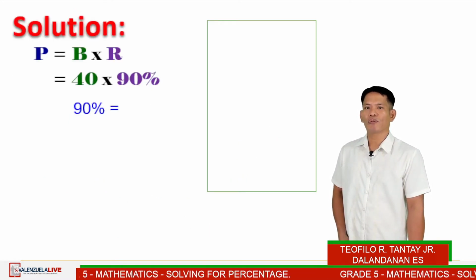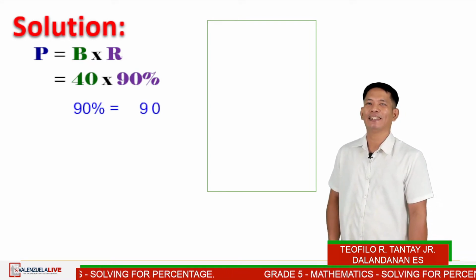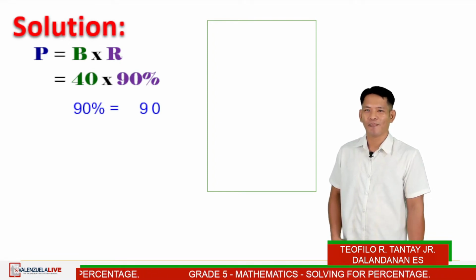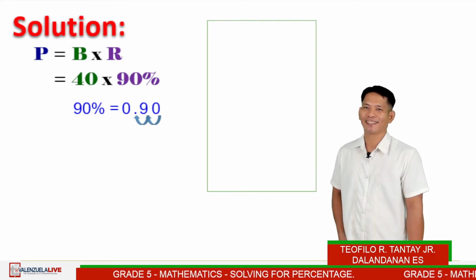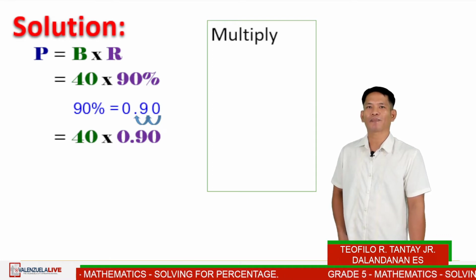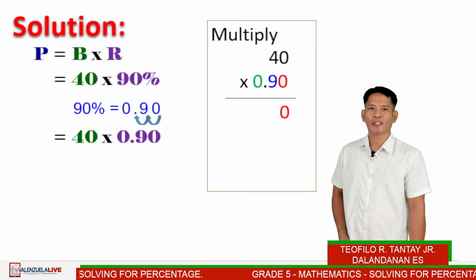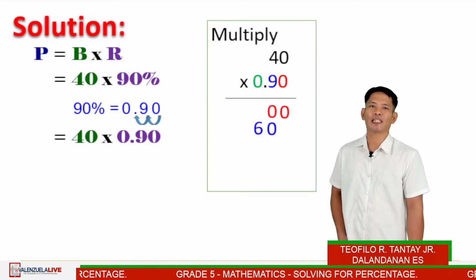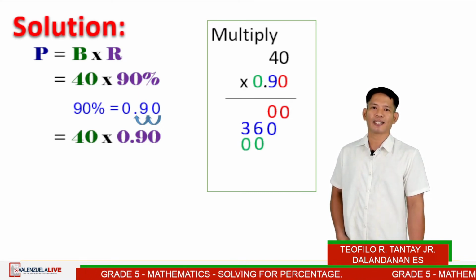In order to find the percentage, we need to first convert 90% to a decimal number, which is 0.90. If we multiply 40 times 0.90, we have 0 times 0 is 0, 0 times 4 is 0. 9 times 0 is 0, 9 times 4 is 36. 0 times 0 is 0, 0 times 4 is also 0.